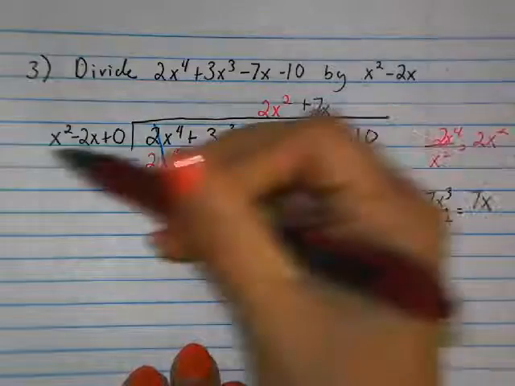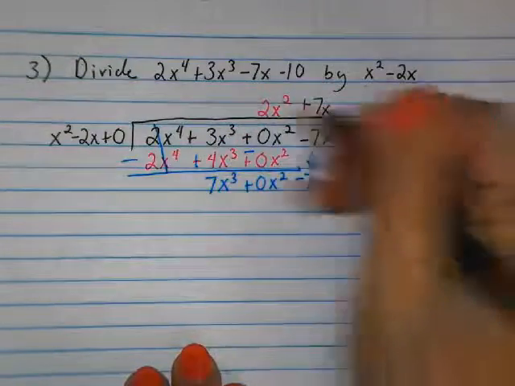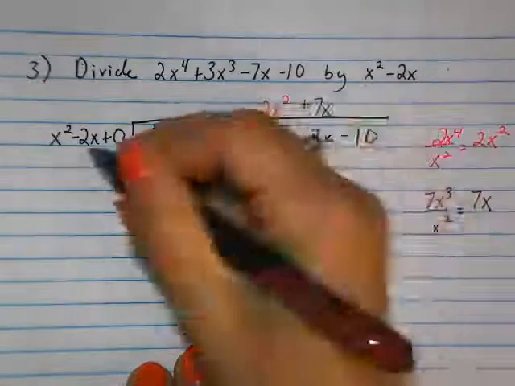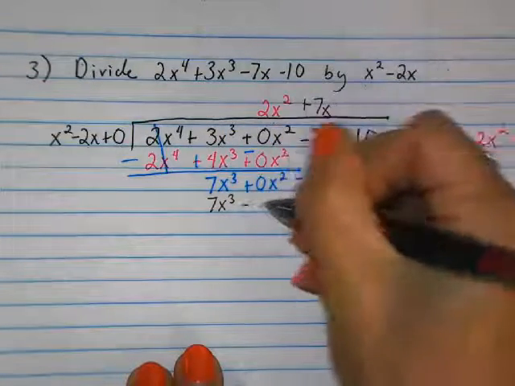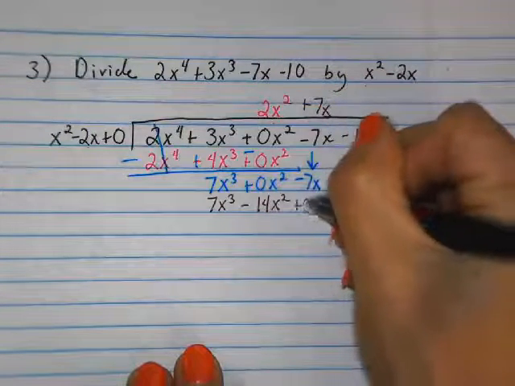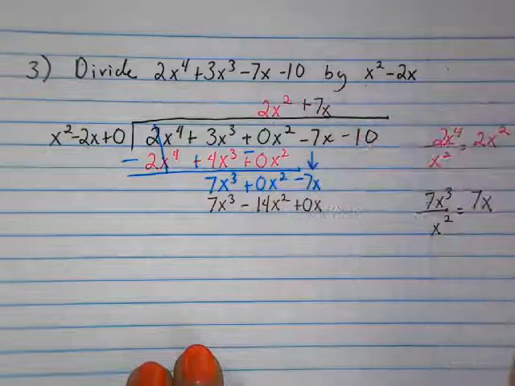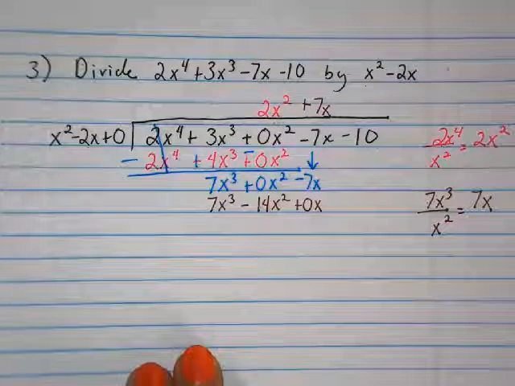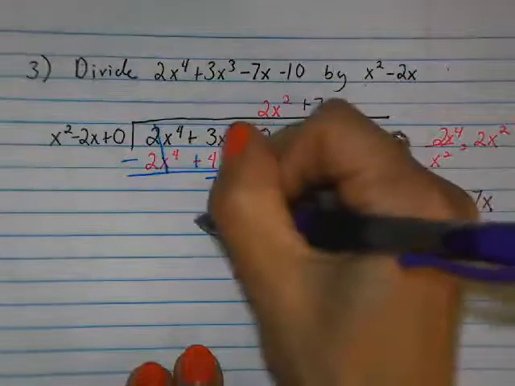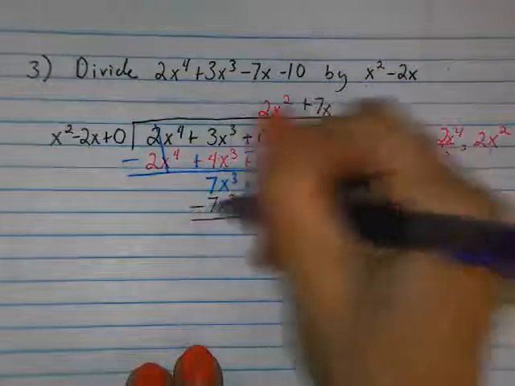Term times divisor. So 7x times x squared is 7x cubed. 7x times negative 2x is negative 14x squared. 7x times 0 is 0x. Alright, here we go. Draw a line and change your signs.